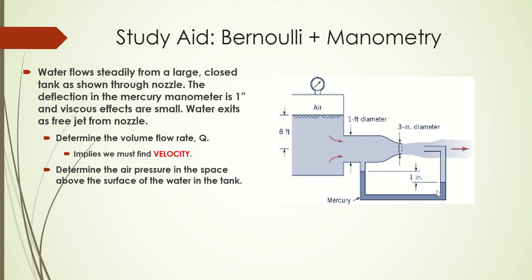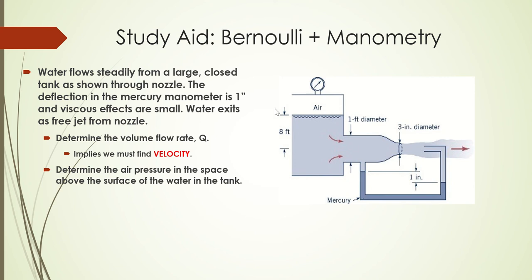The purpose of this manometer is to measure the change in pressure. We have an 8-foot elevation between the tank surface and the exit line here, and a 1-foot diameter section that goes down to a 3-inch diameter section, and the deflection on the mercury manometer is 1 inch.